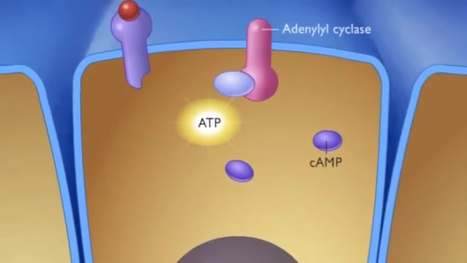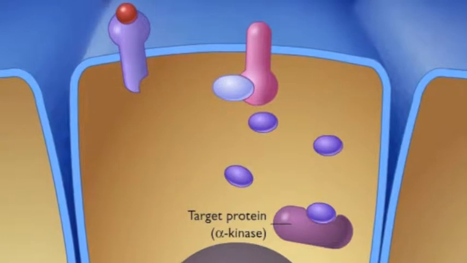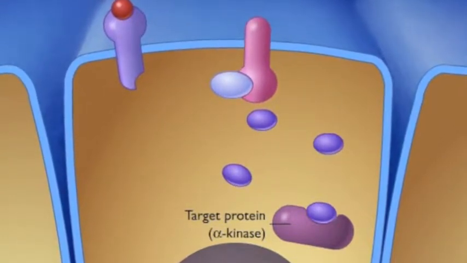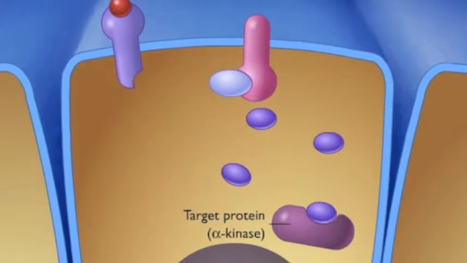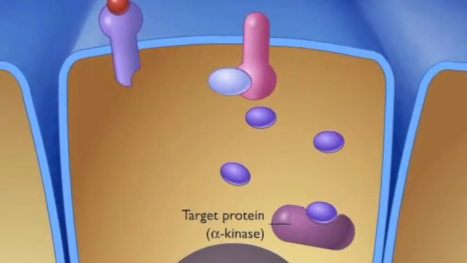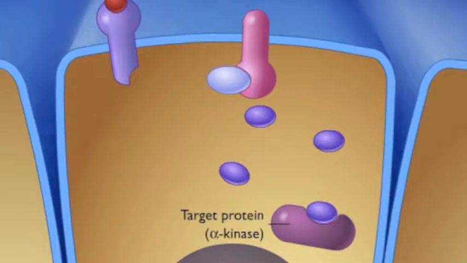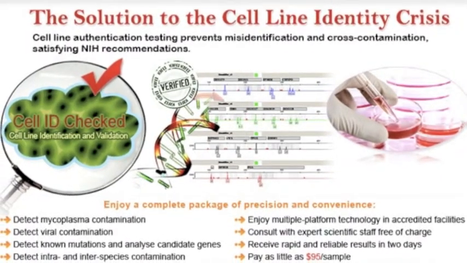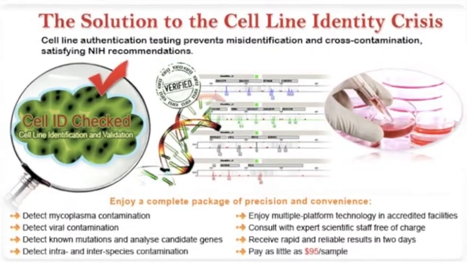The newly created cAMP will then bind to and activate a target protein, for example, protein kinase, which will then add phosphates to the proteins in the cell. The effects from this pathway will depend on the identity of the cell and which proteins are phosphorylated.